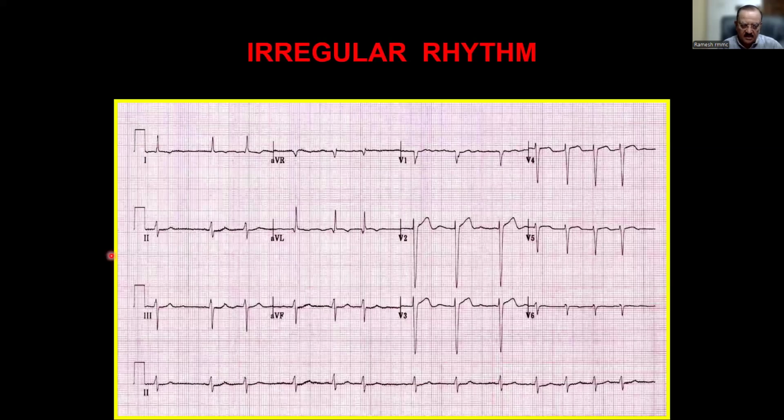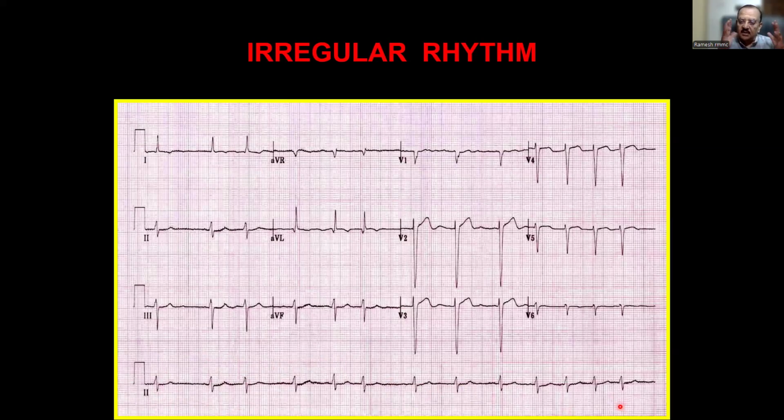For example, see here. Is this a regular rhythm or irregular rhythm? Can somebody say? See the RR interval. See this RR interval. Irregular. Everybody is able to identify it as an irregular rhythm.